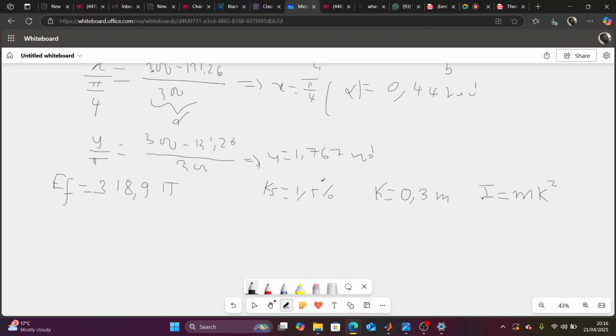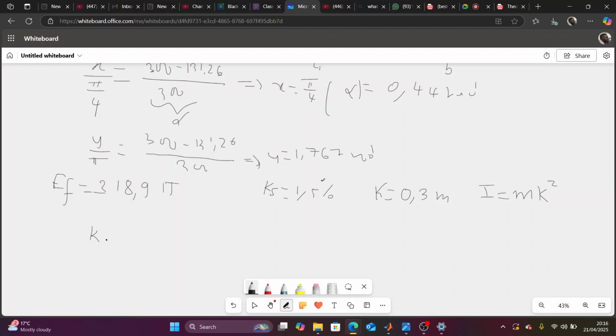No, what is I? When you have radius of gyration, the formula for moment of inertia is what? Mass multiplied by K square. We've seen this in mechanics 2, also in a previous chapter of theory of machines. Do you remember? Yeah.